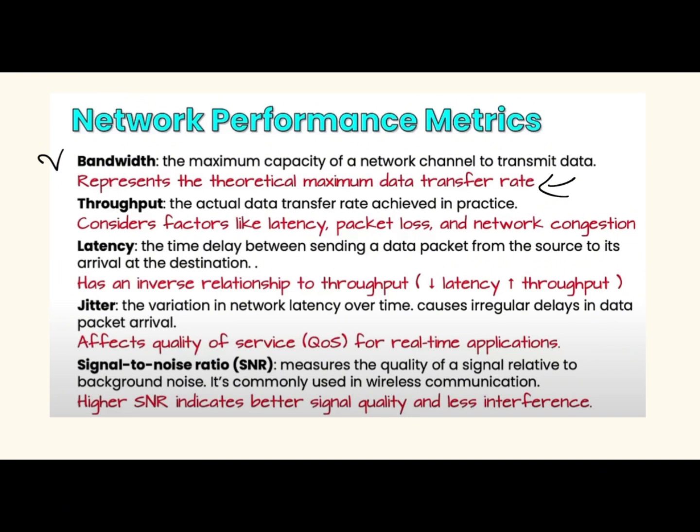Second is throughput. The actual amount of data that successfully travels over the network. For example, if your bandwidth is 100 megabit per second, but due to congestion or poor signal, your throughput is only 70 Mbps.